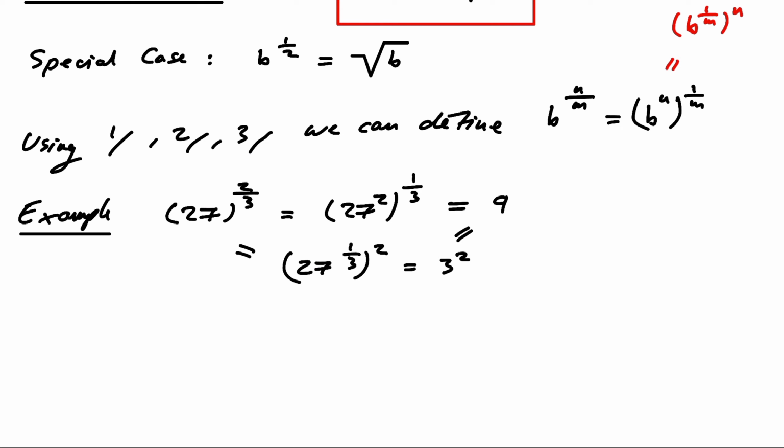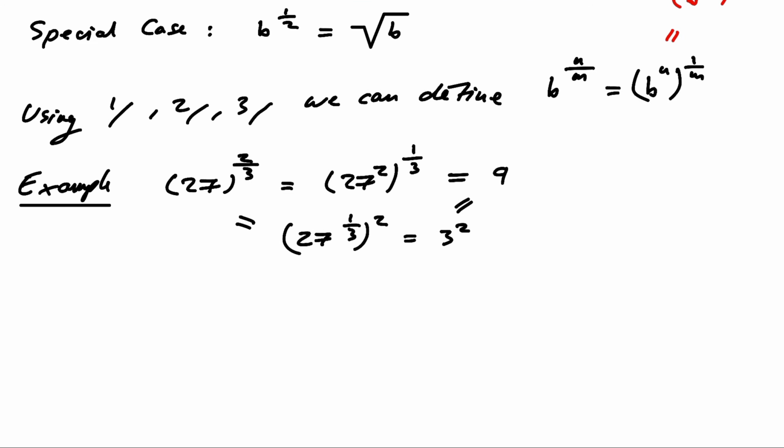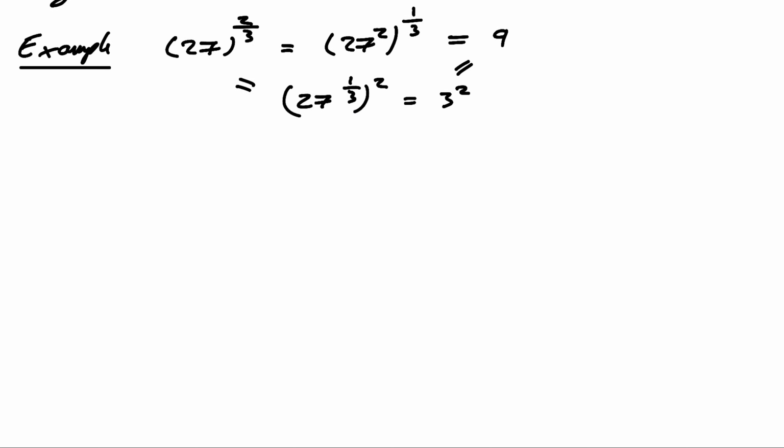So in conclusion, what do we have? We know how to define b to the n, where n is any fraction now whatsoever. Now at this point, well, within reason, you could have problems with negative b's, but if b is positive, then you've got no issues.